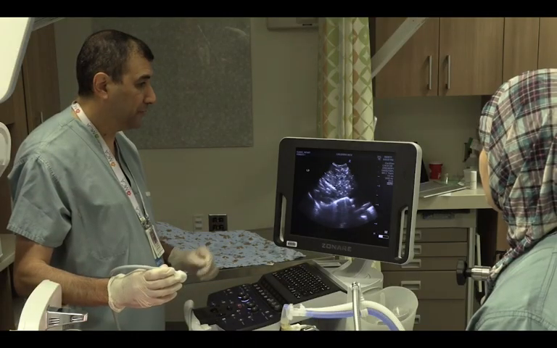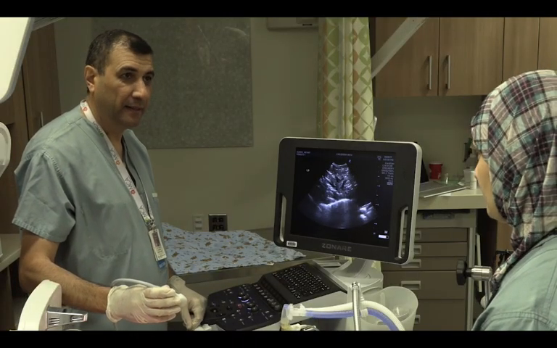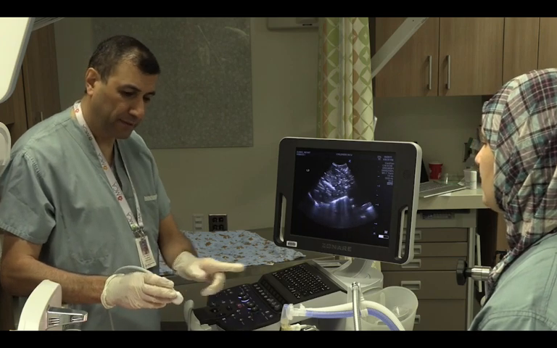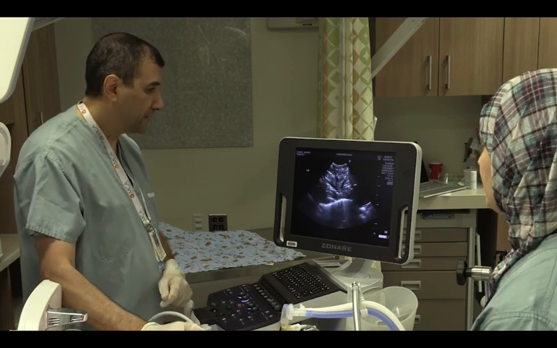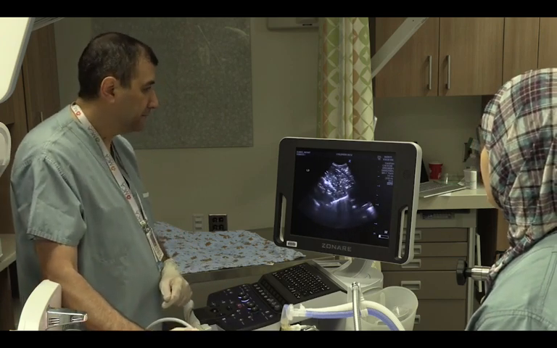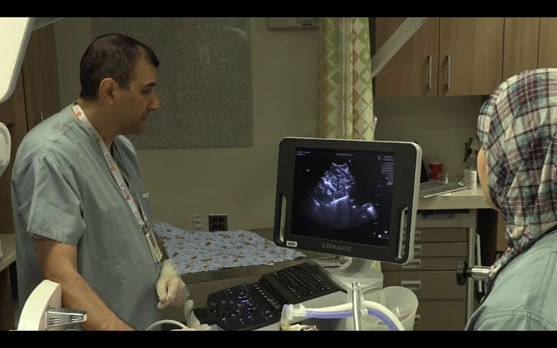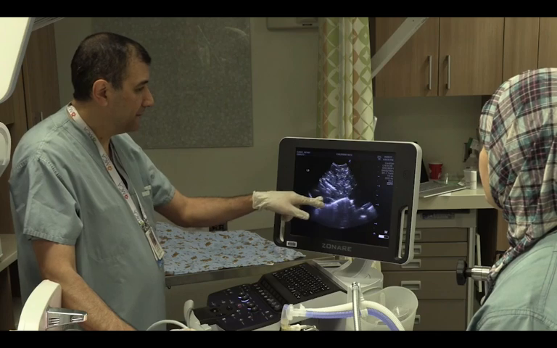I'm now going to assess the abdomen with the microconvex probe. The index mark is pointing to the head, and I will start with evaluating the liver. I'm putting the probe at the mid-clavicular line, just below the costal margin, and I can see the liver.